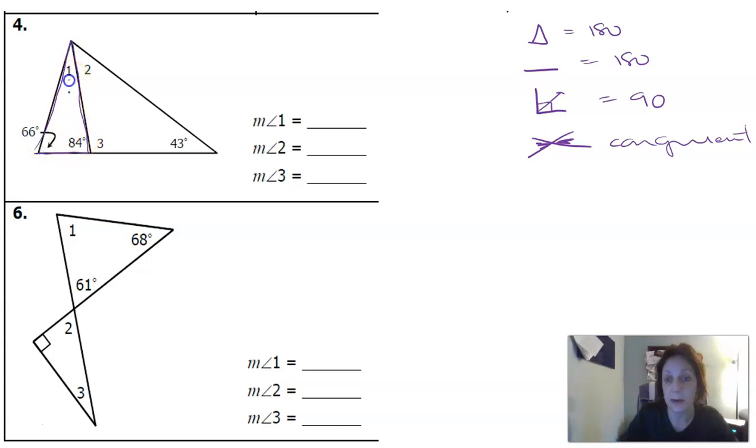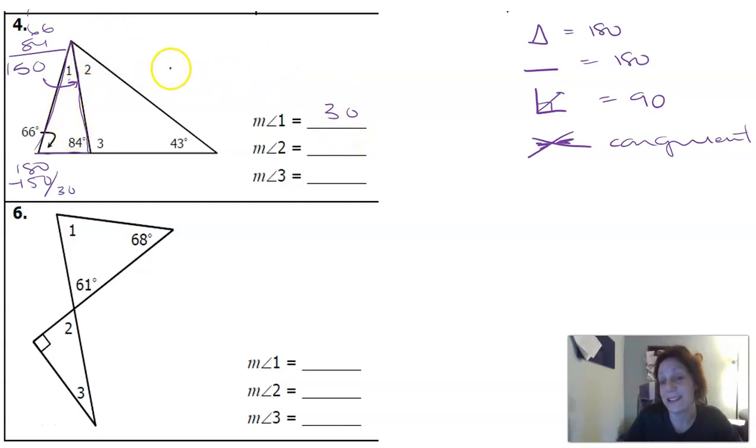So I can use that to figure out angle 1. I can say, okay, if I want angle 1, 66 and 84 is 150. So 180 minus 150 gives me 30, right? So I know angle 1 now, it's 30.